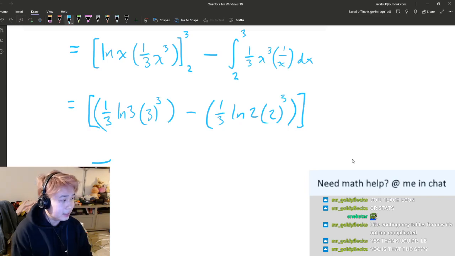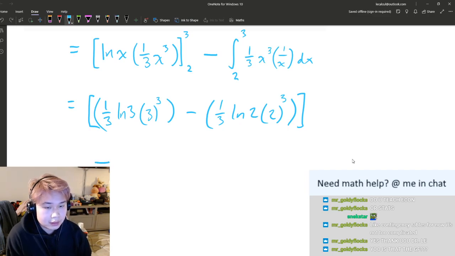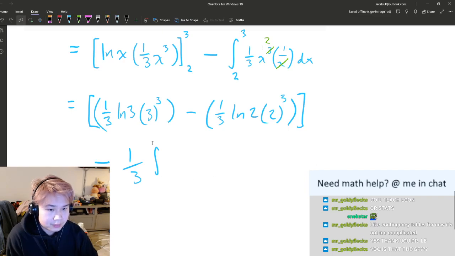And then the integration part, well, I can pull out the 1/3, and what's nice is that this x will divide with one of these. So essentially, what I need to integrate is x squared.